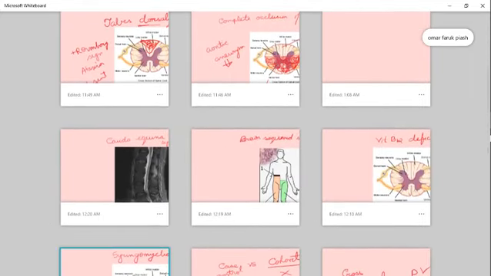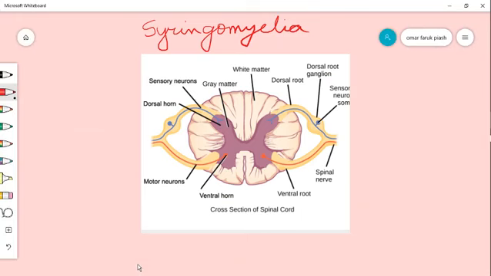Okay, now syringomyelia. In syringomyelia, the anterior horn is involved. Syrinx is the key word, syrinx.